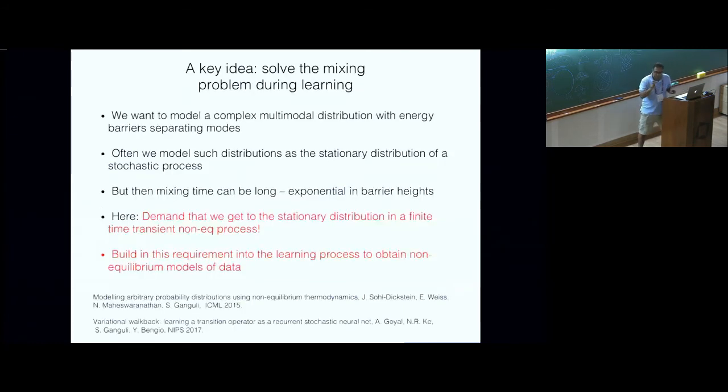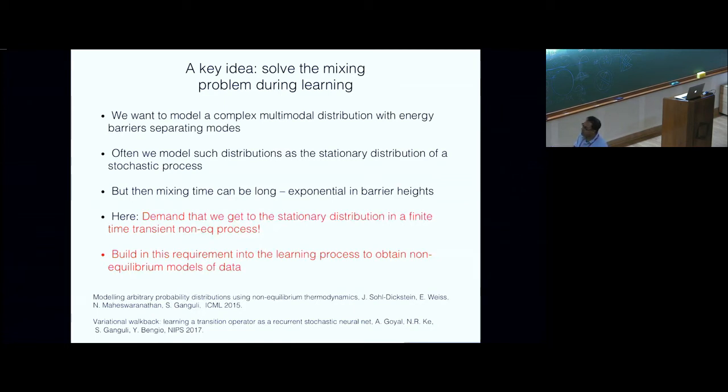Okay, but there are some general lessons to be learned from this, even in physics itself. In physics, we want to model probability distributions and even sample from them. Whenever we're sampling from a statistical mechanics model, we're sampling from a probability distribution. So what do we as physicists often do? We want to learn a complex multimodal distribution with energy barriers separating the different modes.